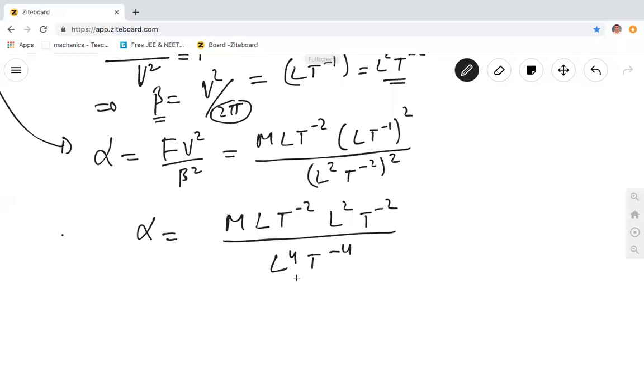Now you see T minus 4 gets cancelled with this, and it's m, L cube in the numerator, L4 in the denominator, it's L minus 1. That is the answer. So we solved this first objective.